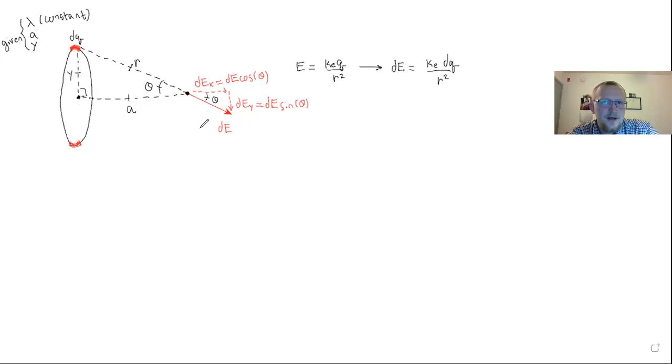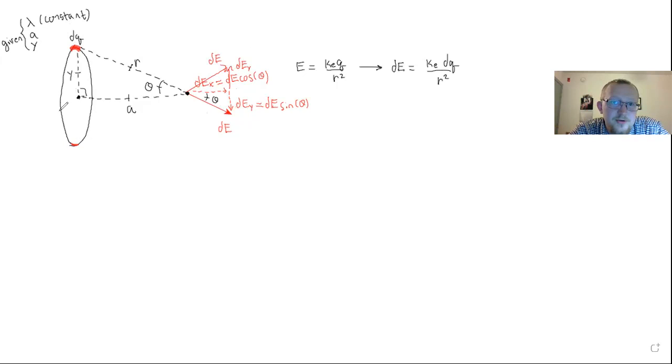And so what you'll notice is that since there's an equal amount of charge here as there is up here, right? Because lambda, linear charge density, is constant. That means that this contribution of the E field is going to have a Y contribution that is equal and opposite to the contribution that we looked at prior.